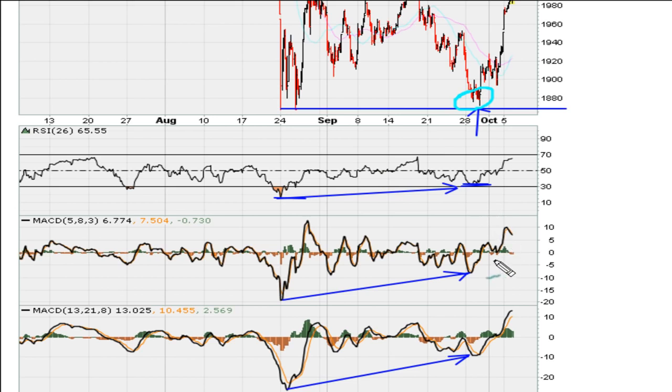And it is subsequently when both MACDs were back above the zero line that the market did have this move, this successful move there. Lesson here is, short term, for your markets and for your instruments that you're trading, they need to show that they are above zero on their MACDs at the very least.